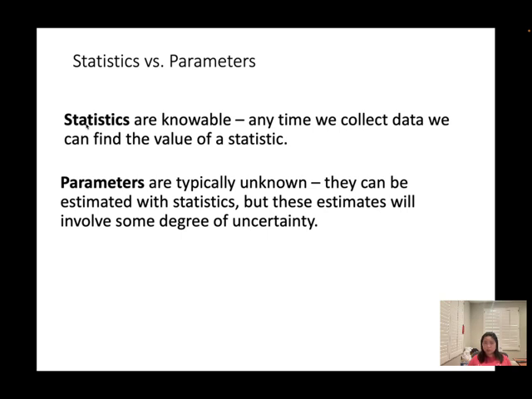Because the population is really large. It's hard, or too expensive, to collect the data for the population mean. So that's why parameters are typically unknown. So usually we use the statistic to estimate the parameter. Of course, the estimate may not be exactly equal to the parameter.